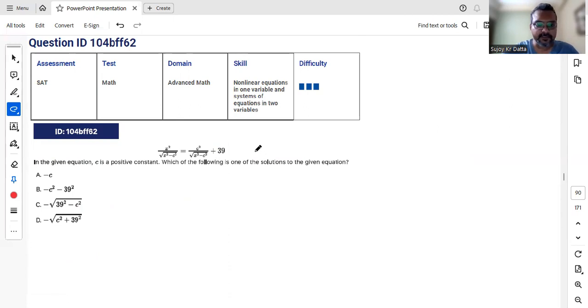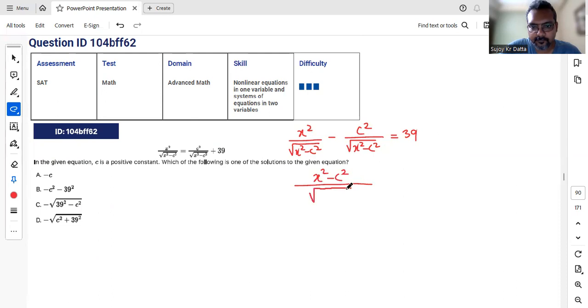So here we have x squared over root of something equals c squared over root of something. Let's get all of them to the same side. So that gives us x squared over this minus c squared over this.